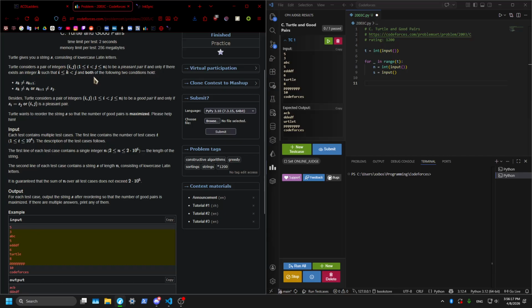There exists an integer k such that i is less than or equal to k, which is less than j, and... okay. Or if and only if. That means exclusive or? What? If and only if this or this. What is, okay, exclusive or?